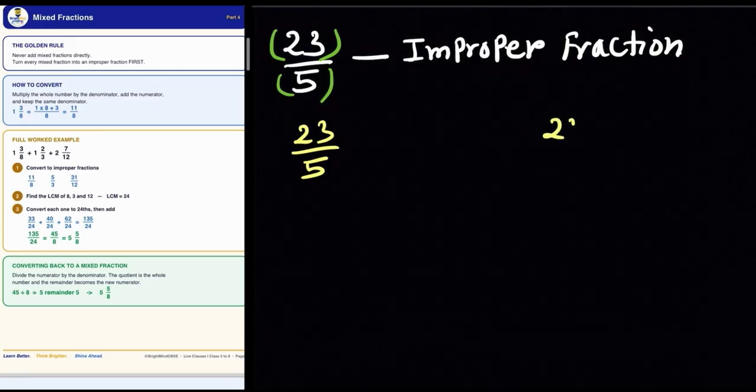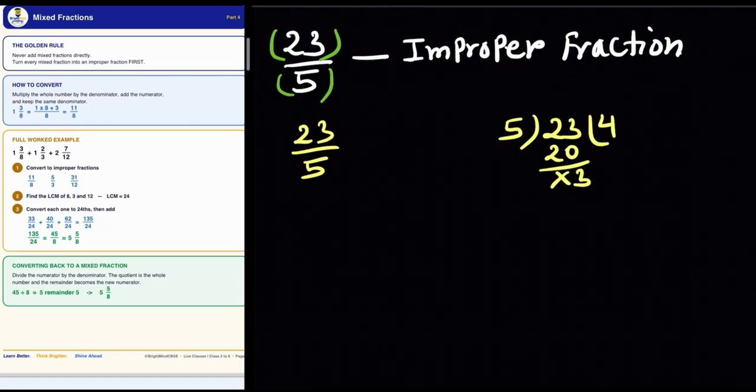Then 23 I will divide by 5. 5 goes 4 times, 20, cross, here 3 is the remainder.